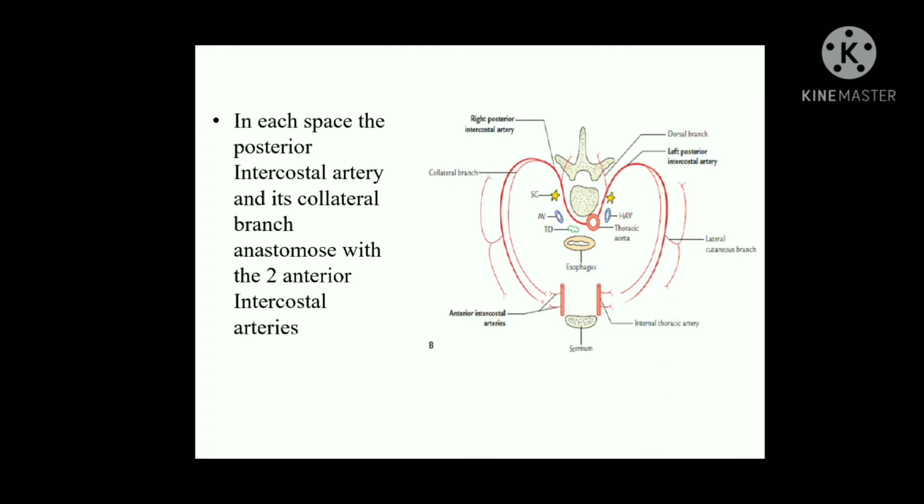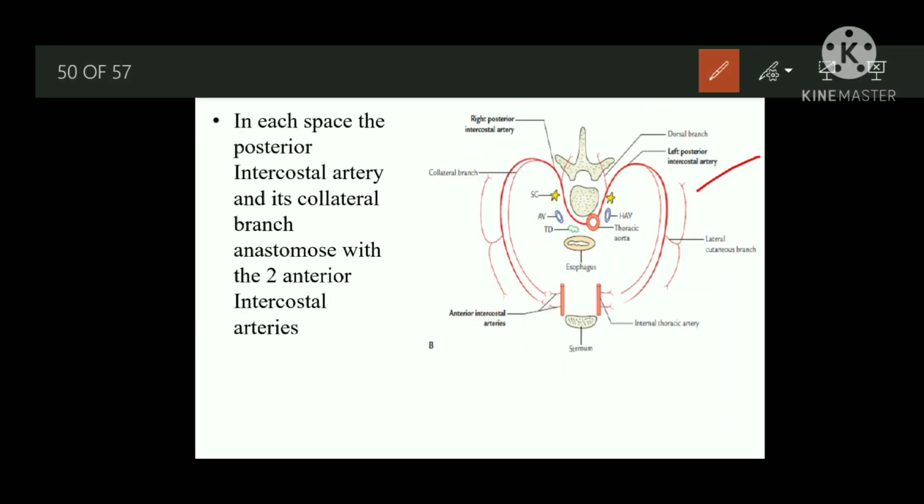So in each space, there is a right posterior intercostal artery and a left posterior intercostal artery. The right one is longer than the left because the thoracic aorta lies on the left side.